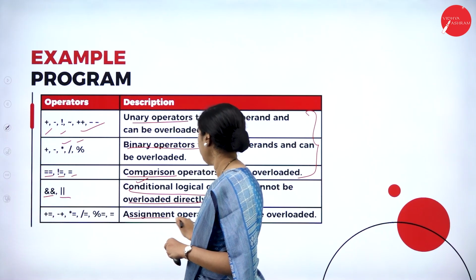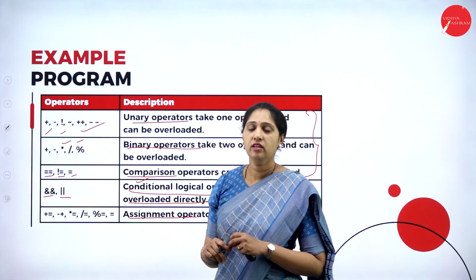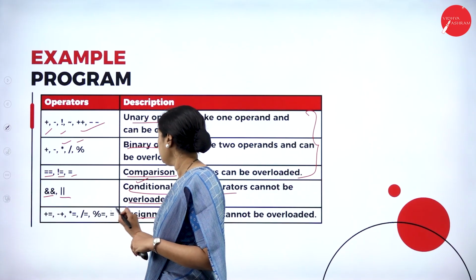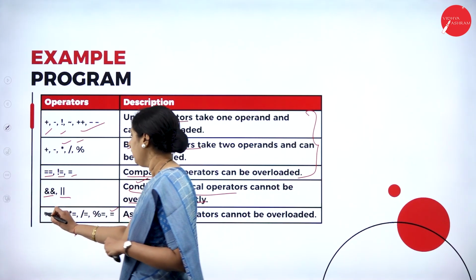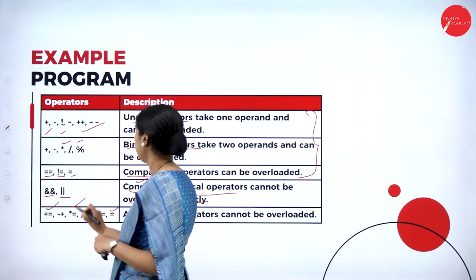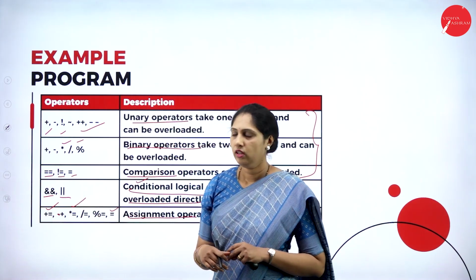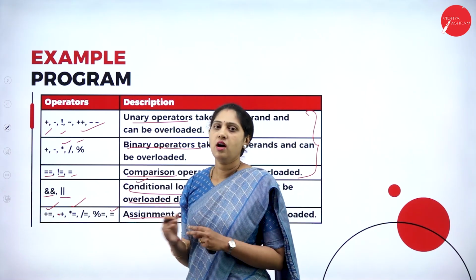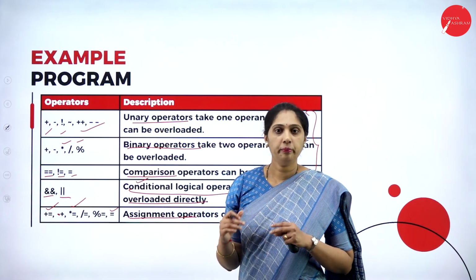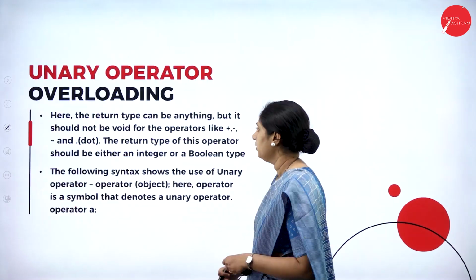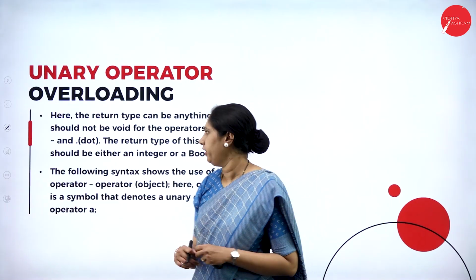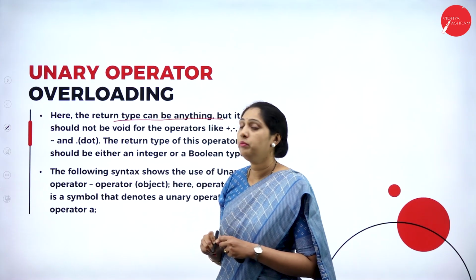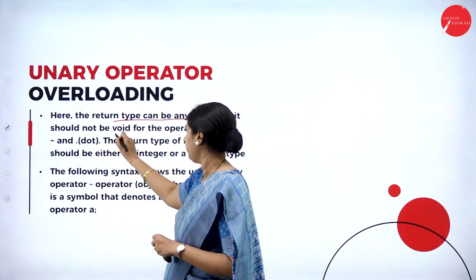Next, what are the assignment operators? We usually do A is equal to B or B is equal to something. Here also you can have plus equal to, star equal to, that is into equal to. So these are the operators. How can we implement them using operator overloading? When I say unary operator, the return type can be anything, but it should not be void.